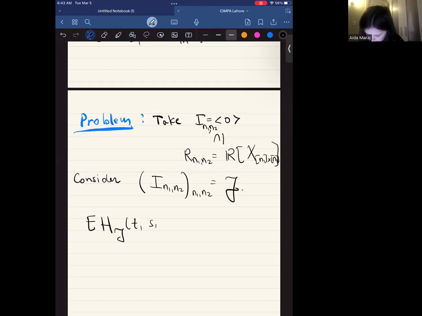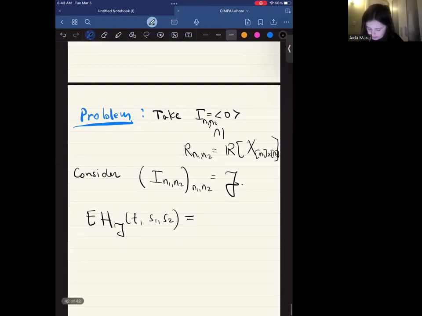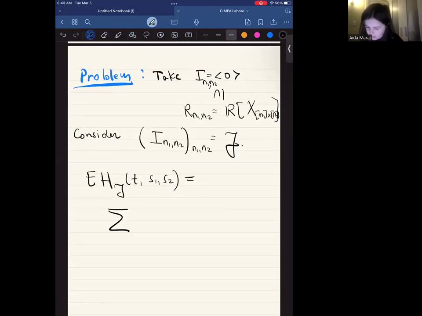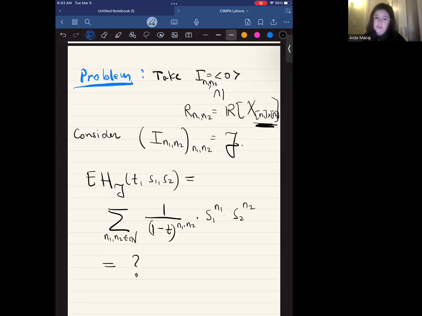T, S1, S2. So this is going to be, according to what we said earlier, the sum of the Hilbert series of each of these polynomial rings, which we said earlier is 1 over 1 minus t to the power n1 times n2, times s1 to the n1 times s2 to the n2. It's that easy to define, for n1 and n2 in N. And then, is this rational?